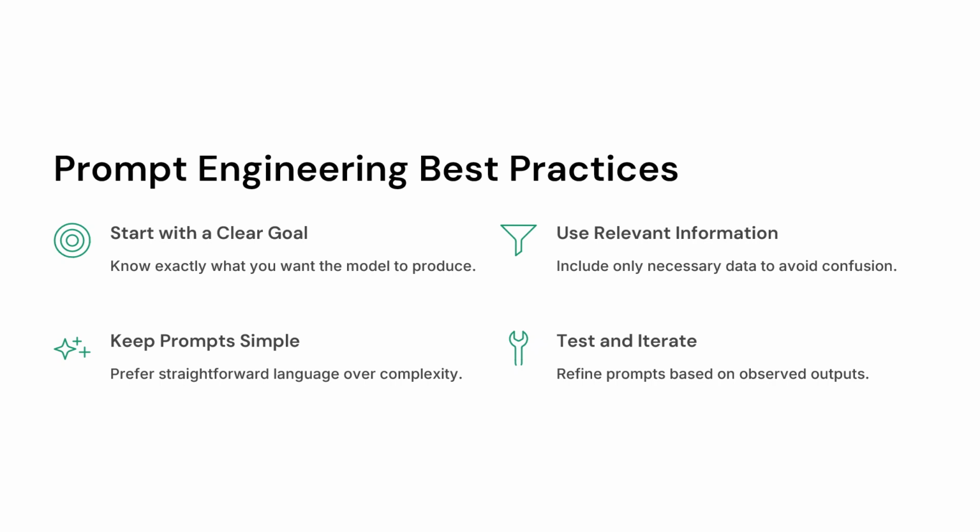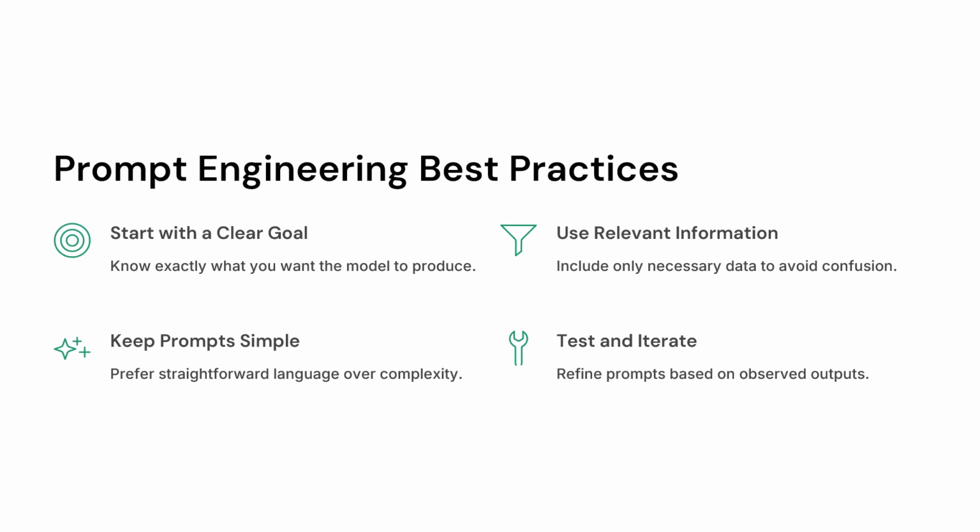So firstly, we need to have a clear goal on what we want to achieve or what question we need the answer for. Secondly, we need to keep the prompt simple because we don't need to confuse the model on what we actually want, and just feed it enough information so it would output correct information. Thirdly, use relevant information.